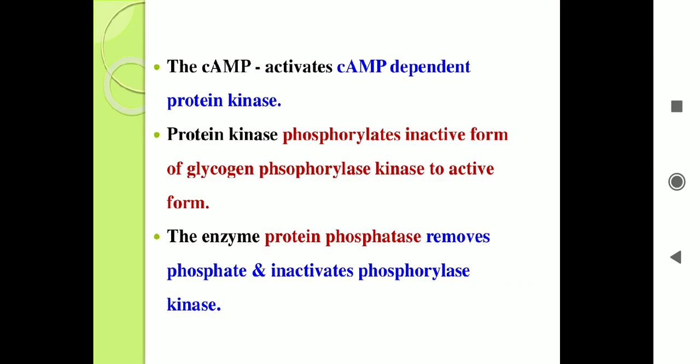Okay, so this cAMP activates cAMP dependent protein kinase. Similar regulation, there is only a little bit of difference in the enzymes. This protein kinase phosphorylates the inactive form of phosphorylase kinase to the active form. The enzyme protein phosphatase removes the phosphate and inactivates phosphorylase kinase.